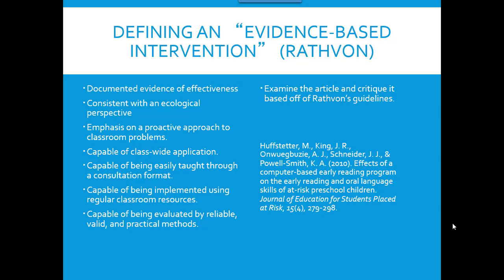So I want you to take a few minutes. Here at the end of this, there is an article that I have attached for you. It's called The Effects of a Computer-Based Early Reading Program on the Early Reading and Oral Language Skills of At-Risk Preschool Children. I want you to examine this article. It's in your materials. I want you to evaluate it based on each of these criteria.